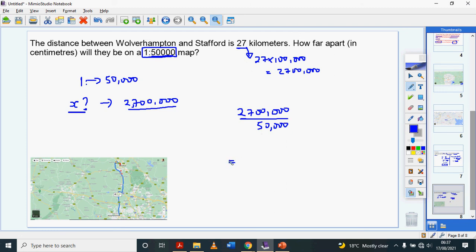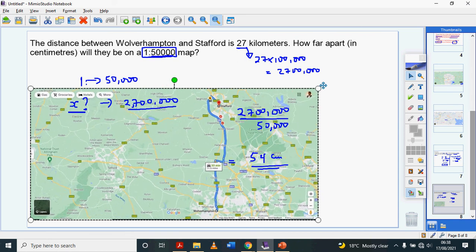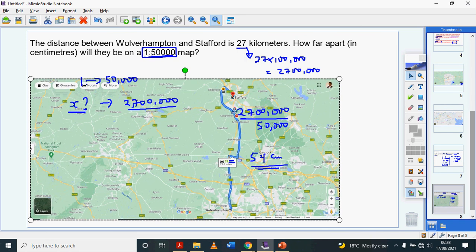So I'm going to divide 2.7 million by 50,000. So that gives me 54 centimeters. That's my answer of how many centimeters on the map they are. So when I look at this map, I know that this distance on the map is 54 centimeters.